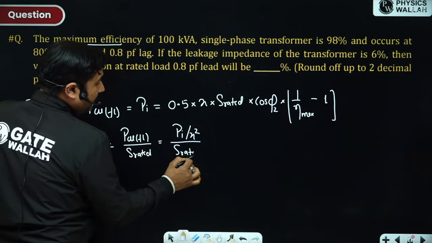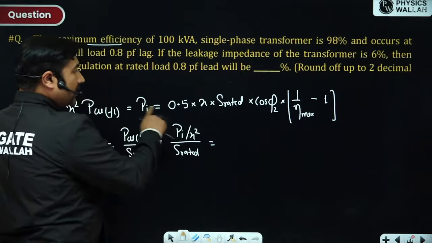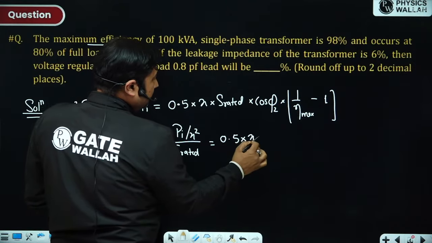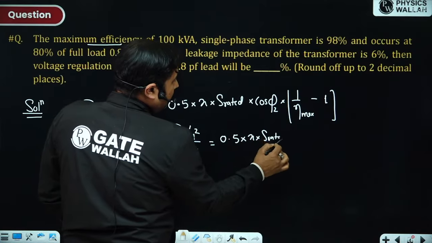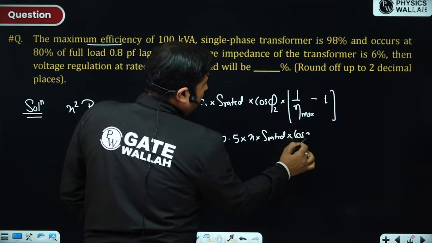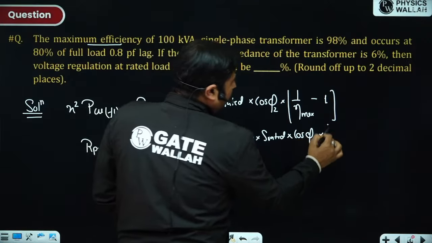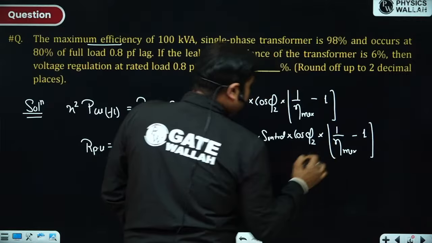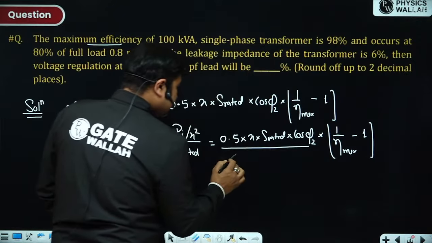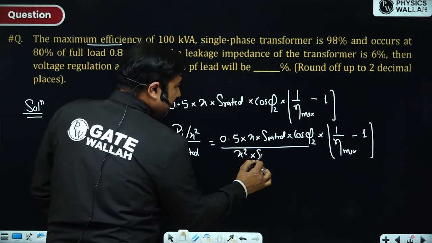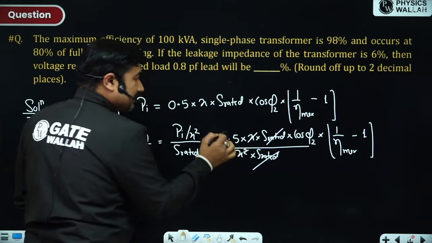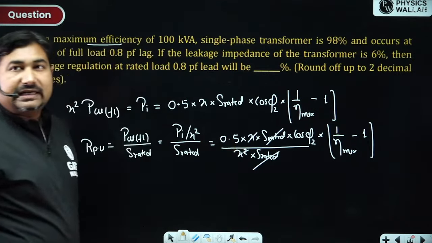And what is Pi? Pi is 0.5 into x into S rated into cos phi 2, into 1 upon maximum efficiency minus 1, divided by x squared times S rated. We can see that S rated and S rated will get cancelled, and x and x will get cancelled.